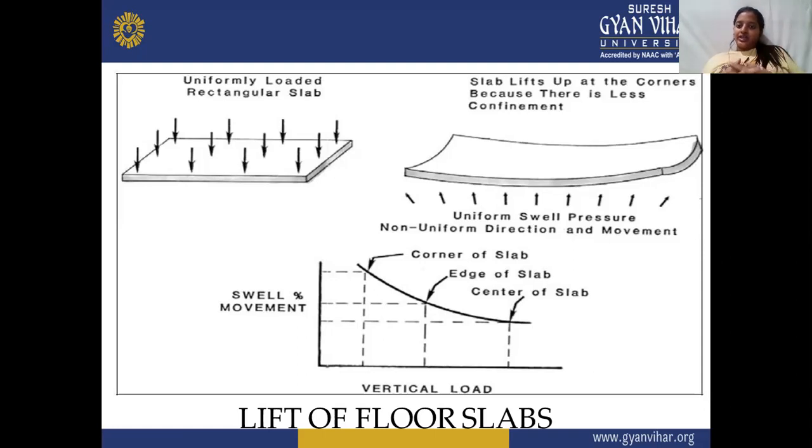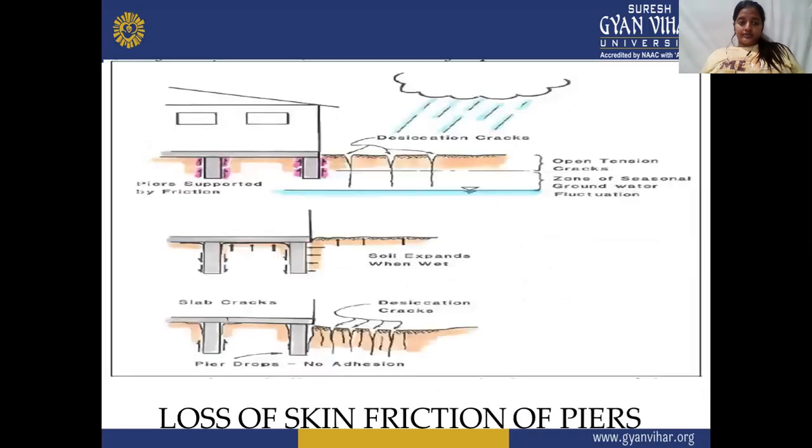But if the swelling pressure is totally uneven, it can cause a differential movement in the slab. The swelling movement with respect to vertical load is represented using a graph where the corner of the slab, the edge of the slab, and the center of the slab have been mentioned.